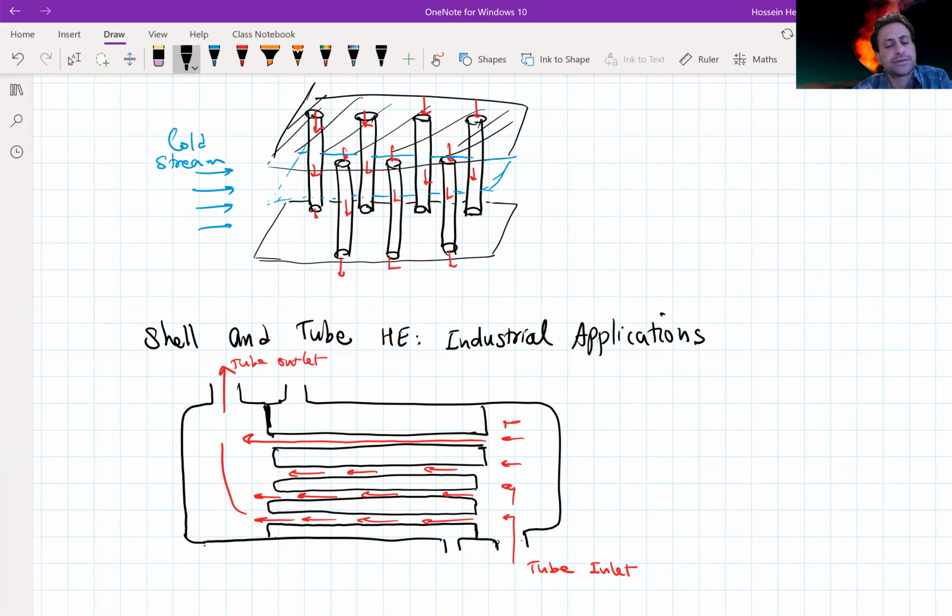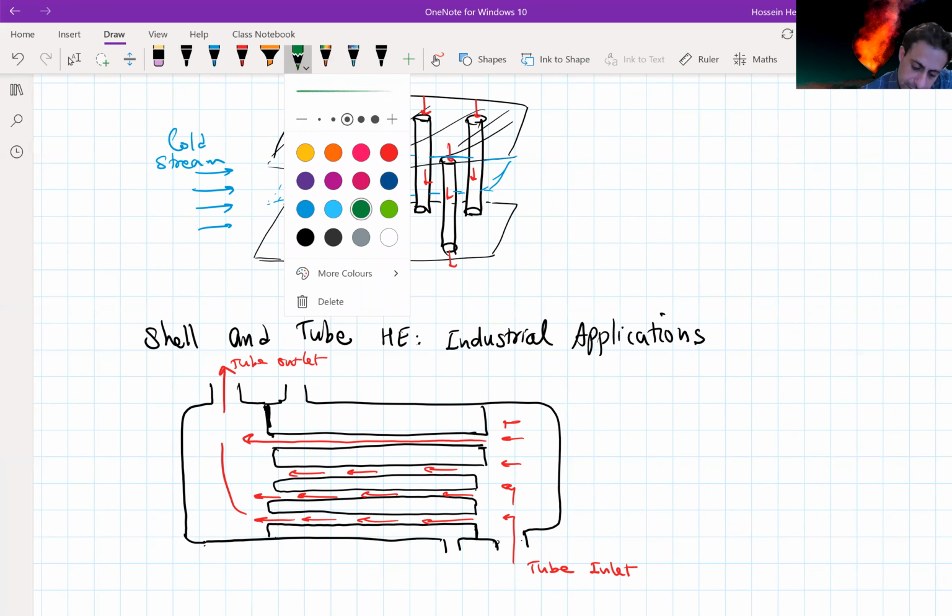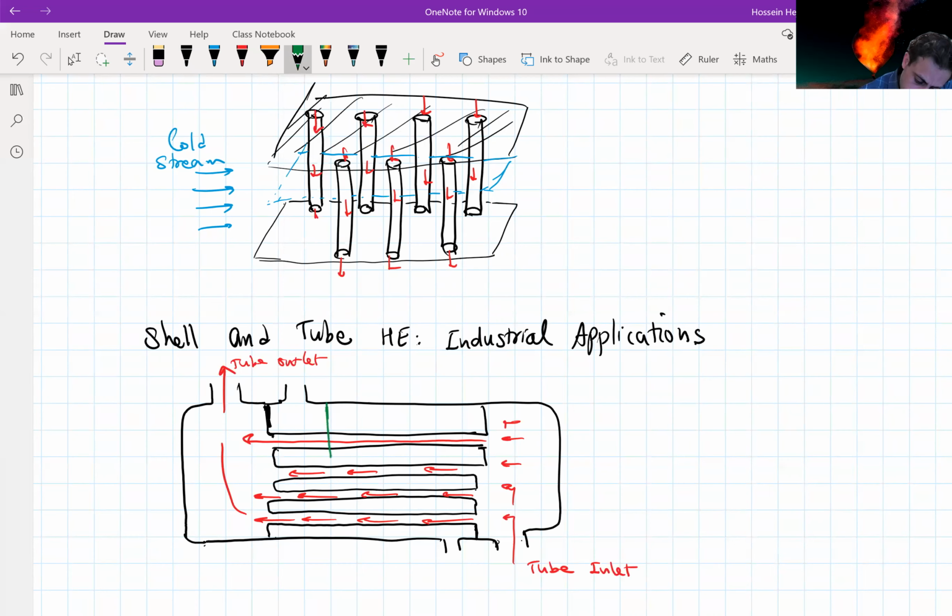We could have some surfaces, which we call baffles, that promote the mixing or the movement of the outer fluid, created something like that. Another one here.